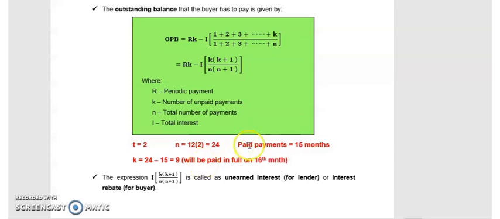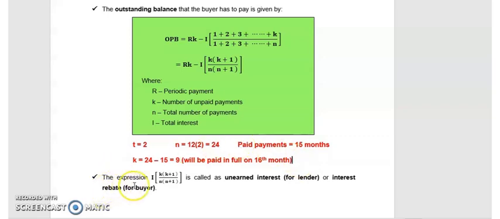Okay. So meaning to say that if you settle earlier for your installment plan, you will get a rebate. As a customer, we will get a rebate. But if we are the seller, we will say that we will not get the interest. Okay. So which one is the rebate or the unearned interest for the seller?